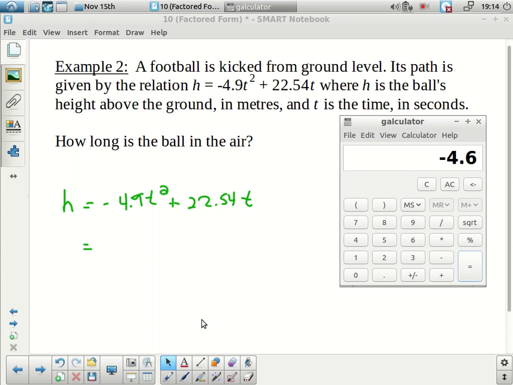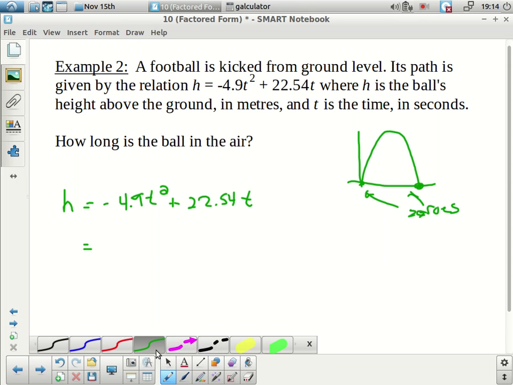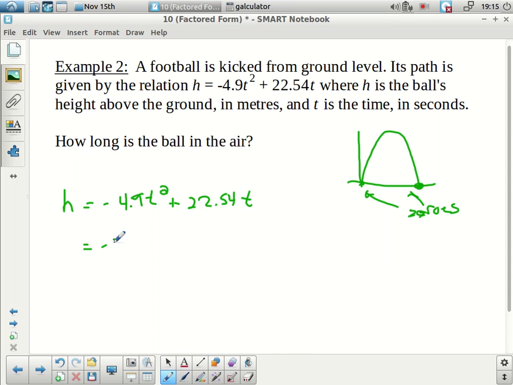Okay, that's not horrible. So negative 4.9, and over here I'm going to have a negative 4.6. Okay, the other thing to note here, both of these terms have a t, right?